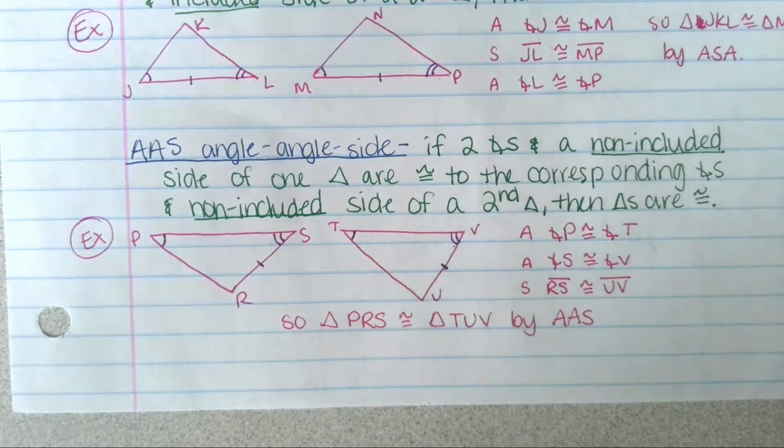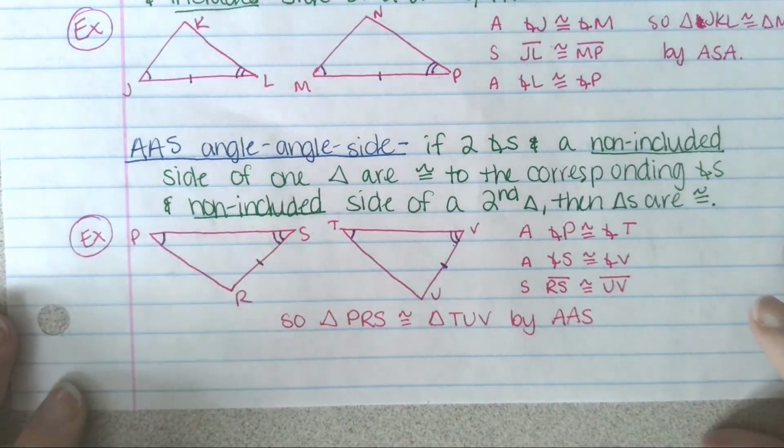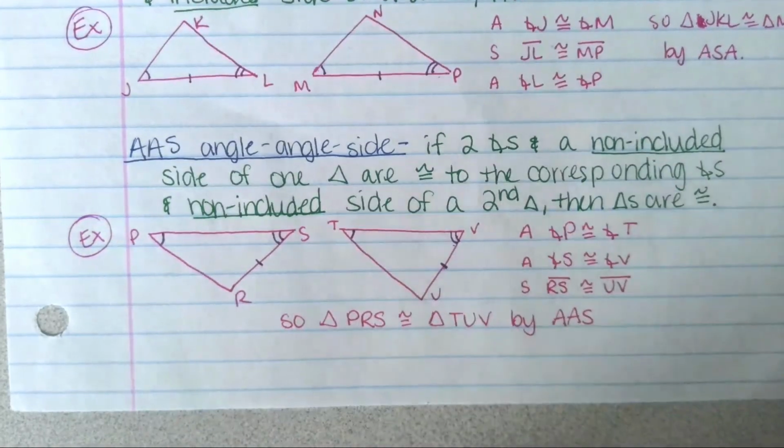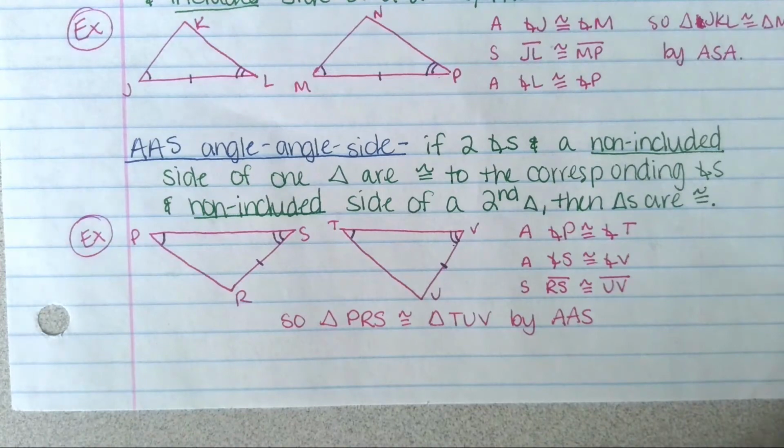Okay, so real quick, just the last thing that I want to mention is this fifth theorem. It's not ever included on the test that I've seen, the state test that you'll take at the end of the year, but it is going to show up on the Delta Math, so I would like to show it to you. It's called hypotenuse leg, or HL.